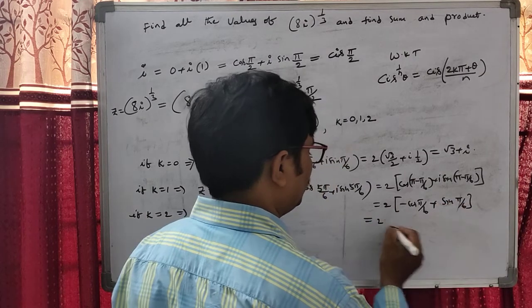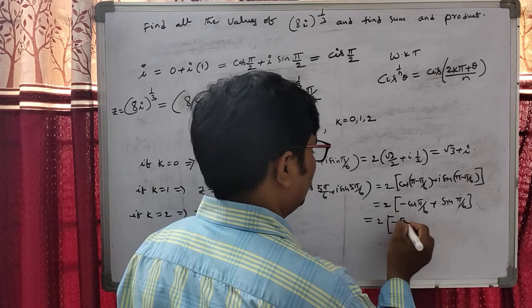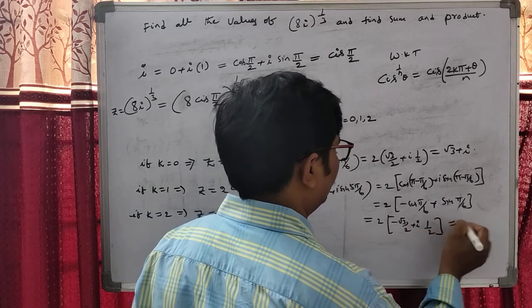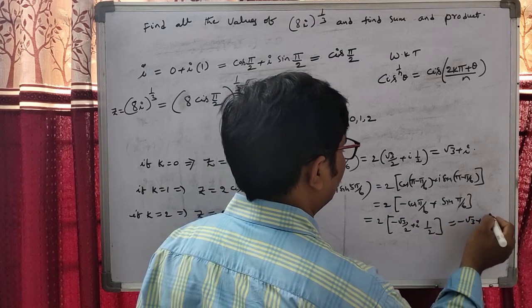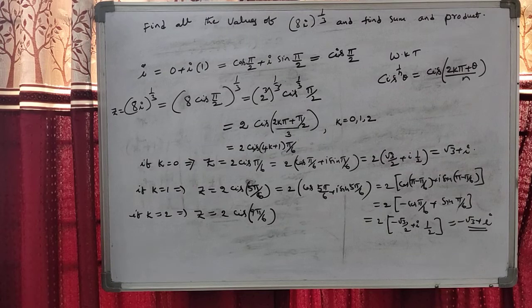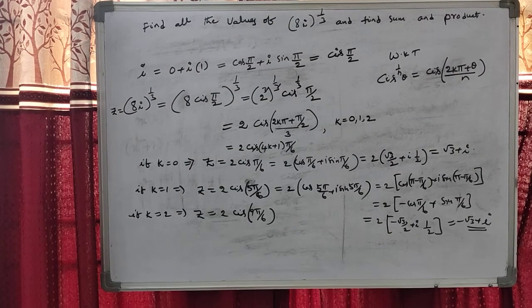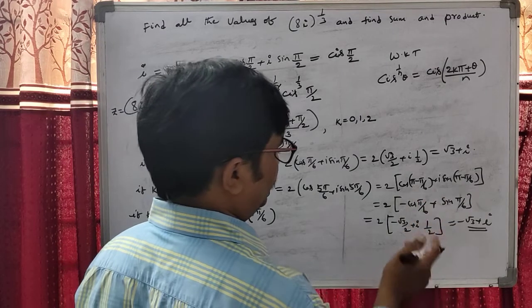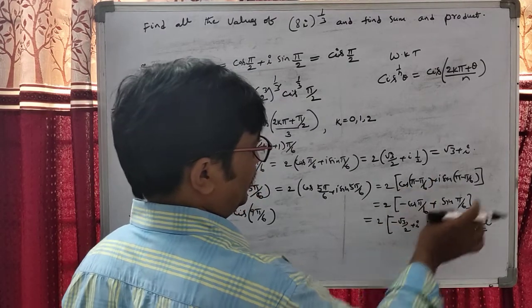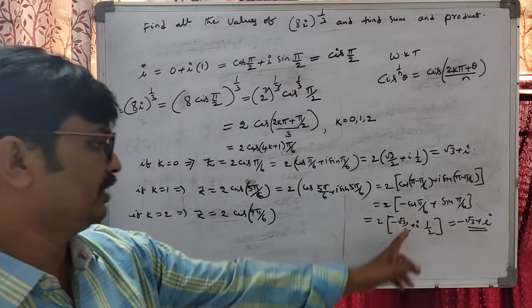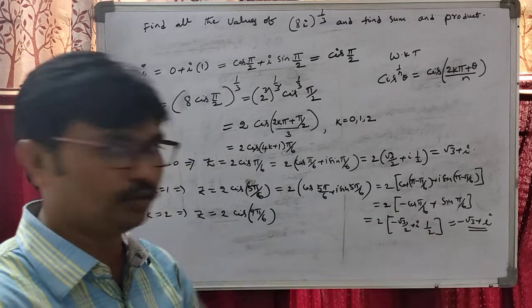This is minus root 3 by 2 and 1 by 2, the 2 cancels, so the value is minus root 3 plus i.